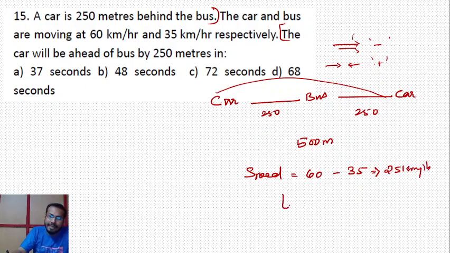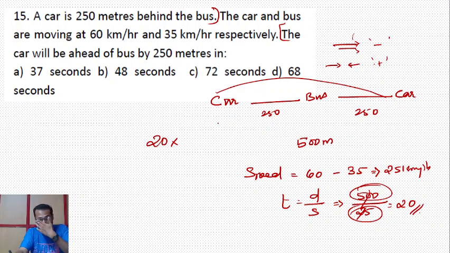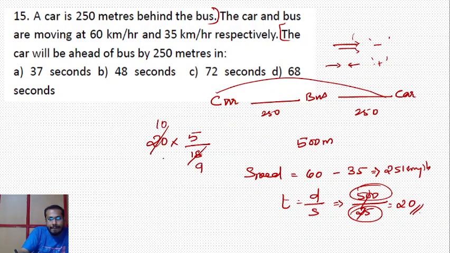Now they want the time, equal to distance by speed. Distance is 500 meters and speed is 25. 2 times 20. But 20 is what? This is kilometer per hour and this is in meters, so we need to convert this, right? 20 into 5 divided by 18. So just cancel this. Sorry, I think 18 by 5. 20 into 18, given in seconds, right?